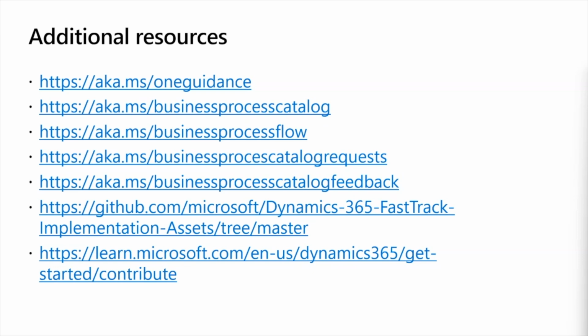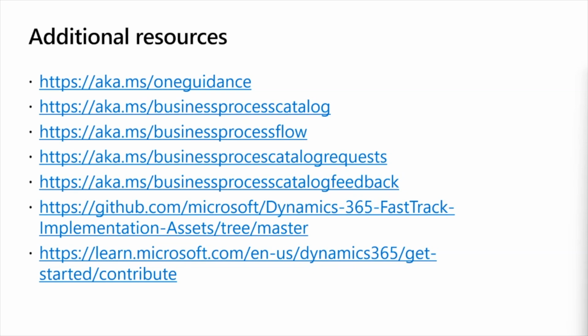I also want to point out the next link, which is business process catalog requests. That's another aka.ms link, business process catalog requests. And I actually just noticed that process is spelled incorrectly in that hyperlink on screen, so it should have two S's. We'll make sure that gets corrected before we publish the slides.